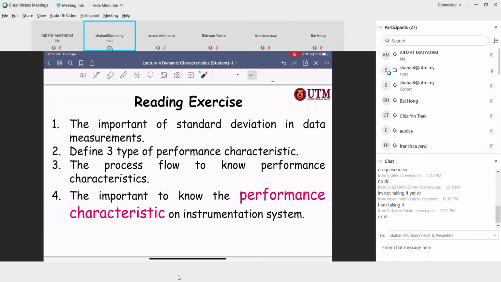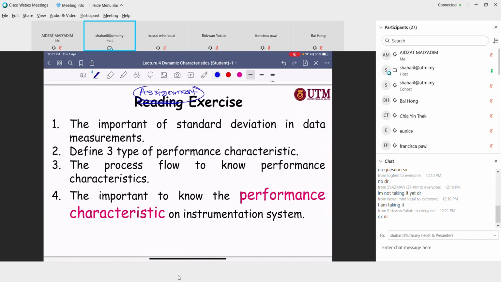Okay. This is not a reading exercise, so I would like to give you the assignment. Okay, this is your first assignment for this subject. So you just try to answer what is the importance of standard deviation in the data measurement. I have discussed this one last week.